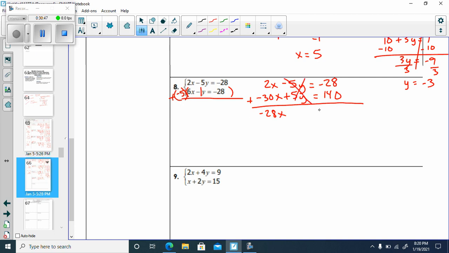This one is eliminated. Now, -28 plus 140 gives you 112. All right, now we need to divide both sides by -28 to get down to our x. Your x is equal to -4, okay?